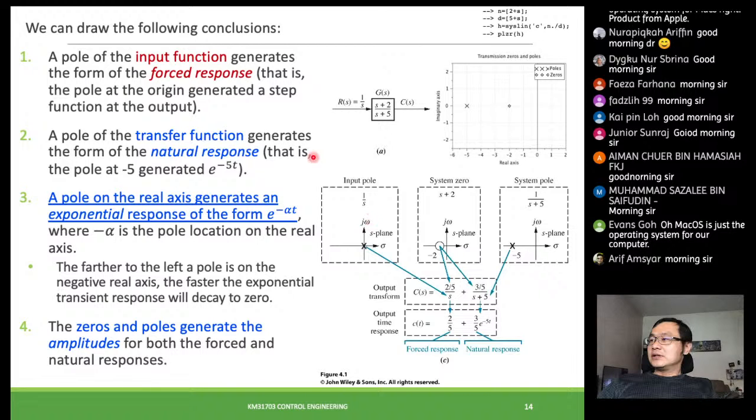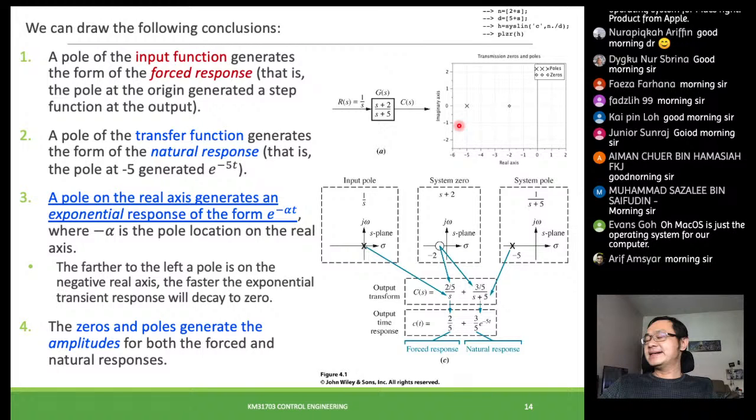Okay, so again, back to here we can see that the transfer function has a pole corresponding to the natural response. Now if we break them out, we can get several pieces of information.